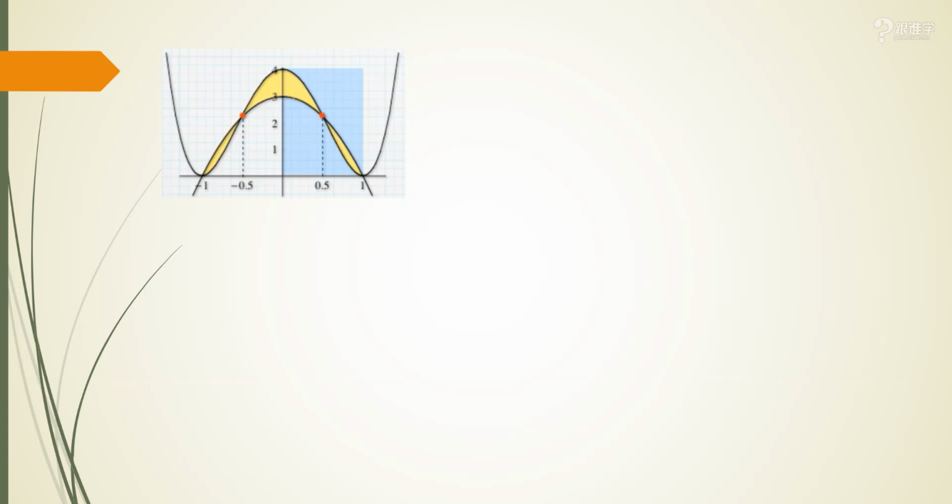This way, we may calculate the area in the right part only, then multiply by 2 later. So we may integrate from 0 to 1. This is half the area, and the other half, the integral from -1 to 0, is going to be the same as the area on the right side of the y-axis.